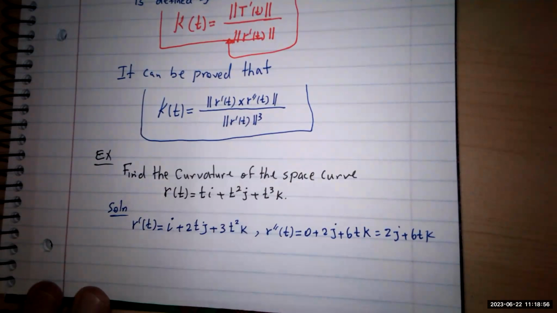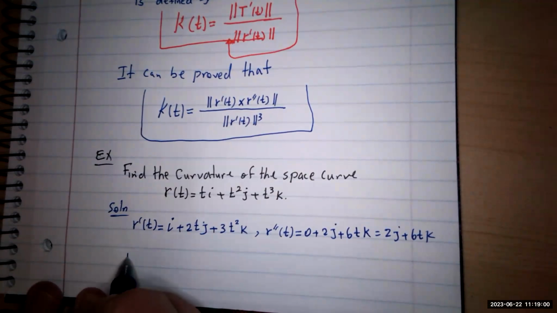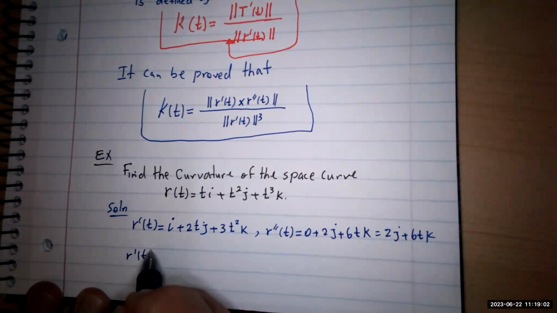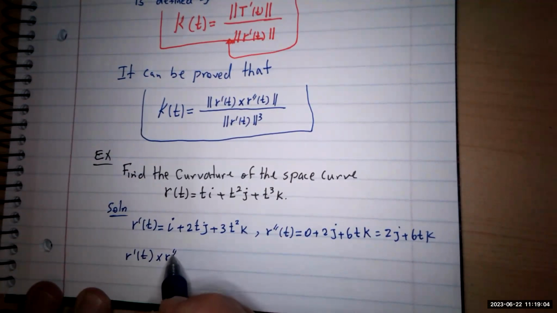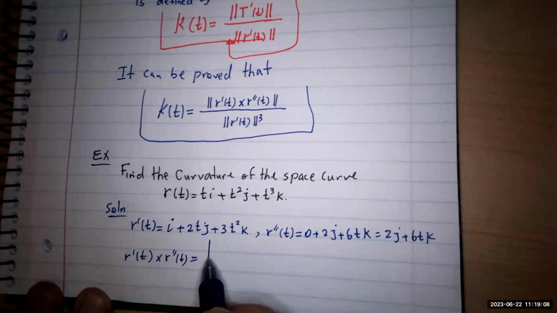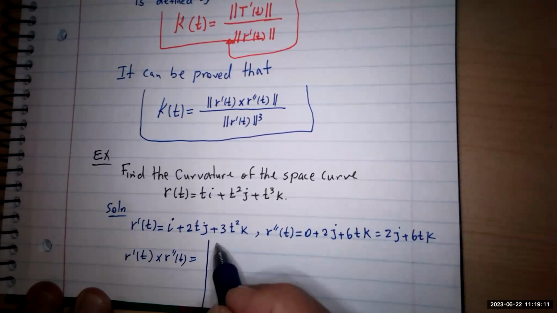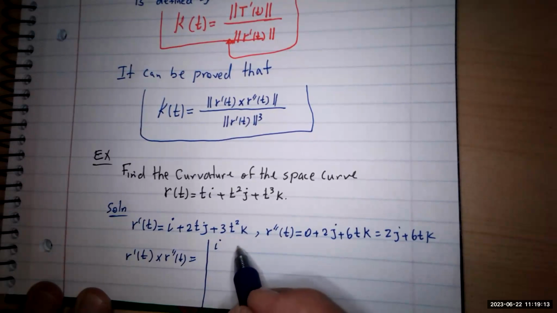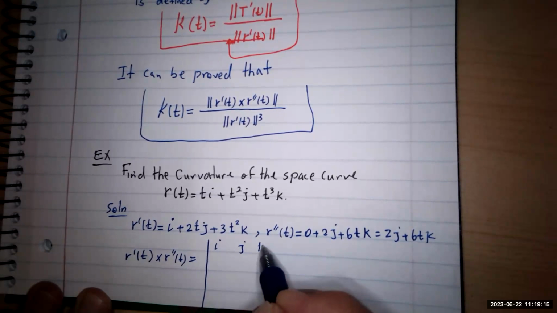I have to find the cross product. Remember, you need the matrix: r prime of t cross r double prime of t is going to be the determinant of this matrix. The first row is i, j, k.